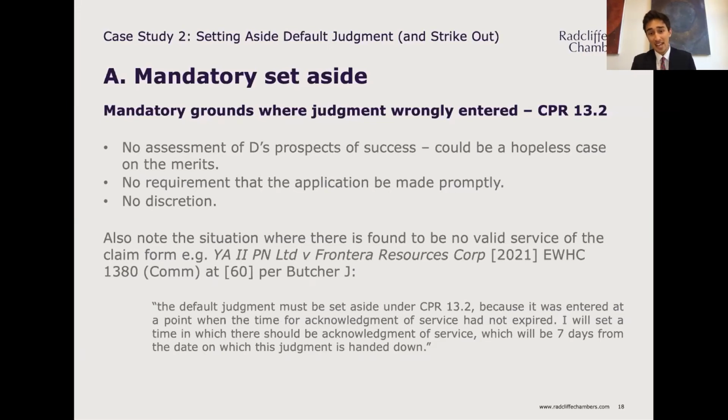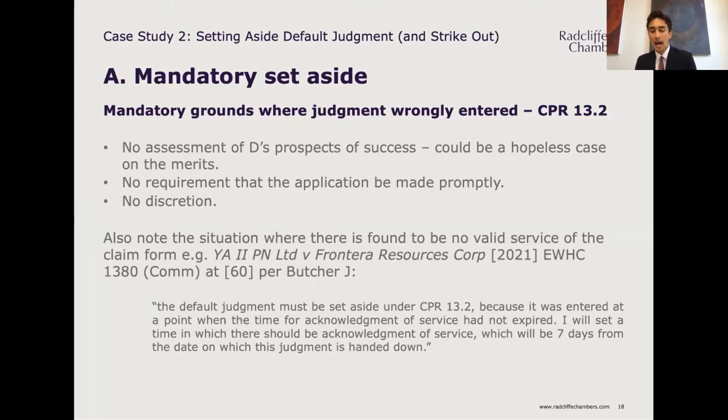There was a recent case actually, the Frontera Resources Corporation case at the bottom of the slide there, which did explore a situation which, at first blush at least, might fall between the mandatory and discretionary grounds for setting aside a default judgment. And that was where it was found that there was no valid service of the claim form.